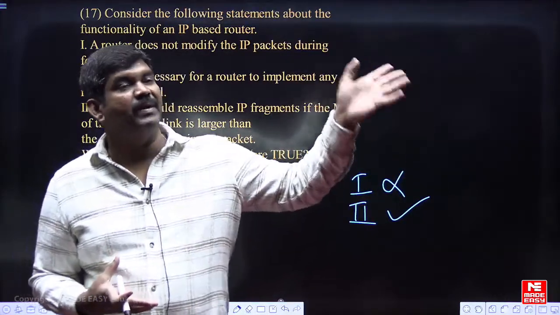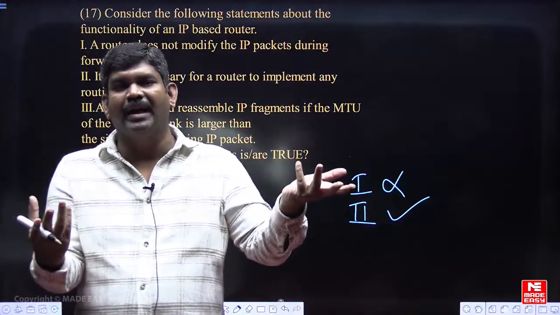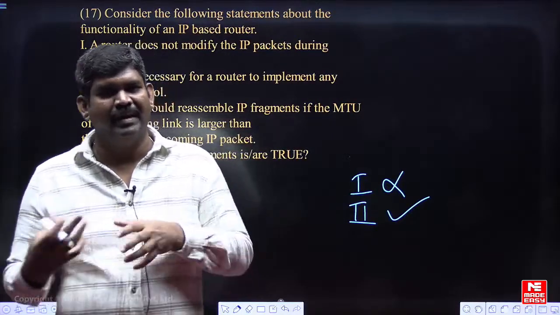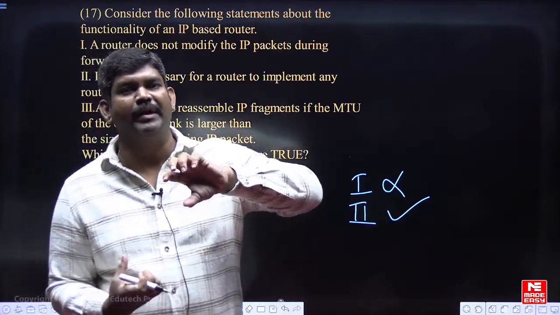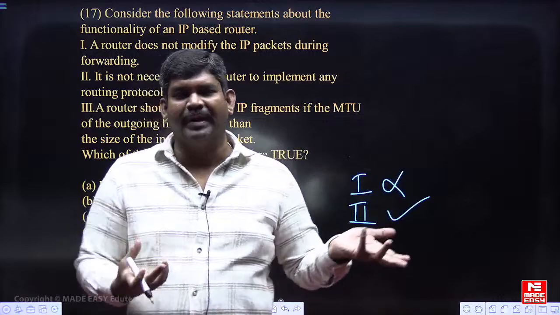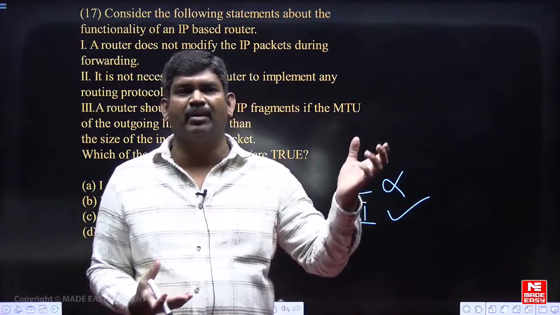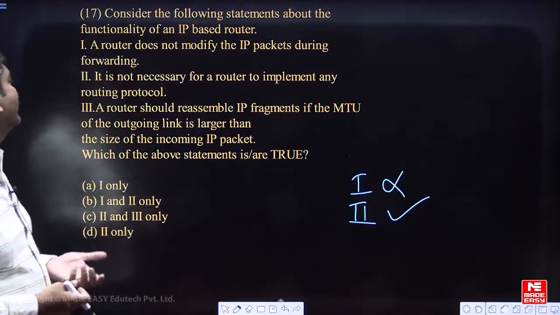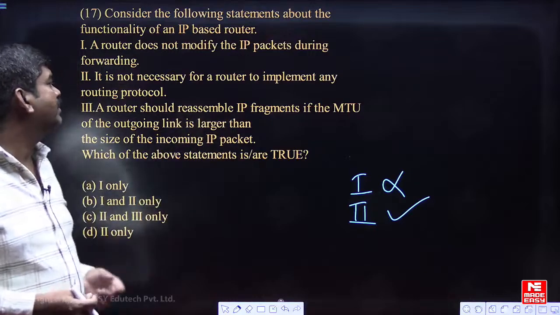From that ISP router onwards, when the packets are routed, you can apply some routing algorithm like RIP or OSPF in the autonomous system. But from your local router or firewall, when the packets are going to that ISP router, you don't require any routing algorithm; they follow the straight path only. So that's why it is not necessary for a router to implement any routing protocol. In some cases it is true, so we put a tick mark for it.